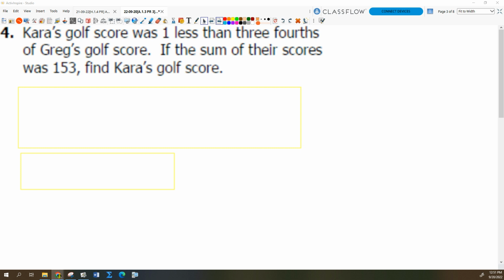There's 2 things that are unknown here, right? I guess we could say, let's let Kara's golf score equal X and Greg's golf score equal Y, right? Okay, what's the problem with that? We could make that work, but you're kind of headed down a slippery slope when you do that. When we introduce 2 variables, as we're going to talk about later in the year, the fundamental theorem of algebra says we have to have a system with at least as many equations as we have unknowns.